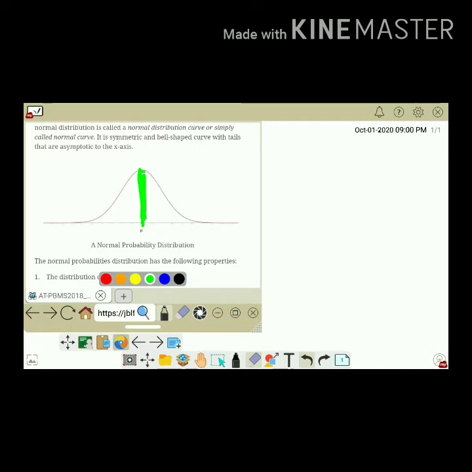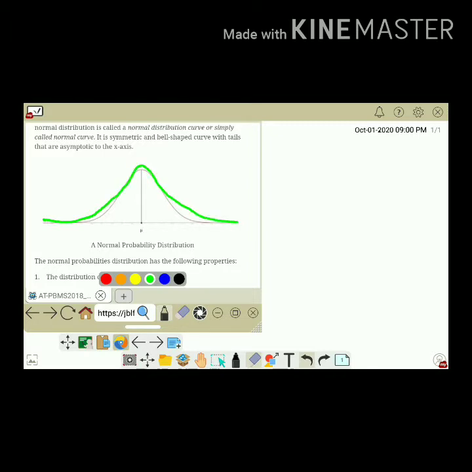Your area to the right of the mean is the same as the area to the left of the mean. As you can see, it is also bell shaped.